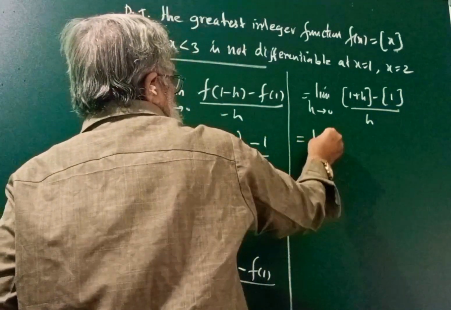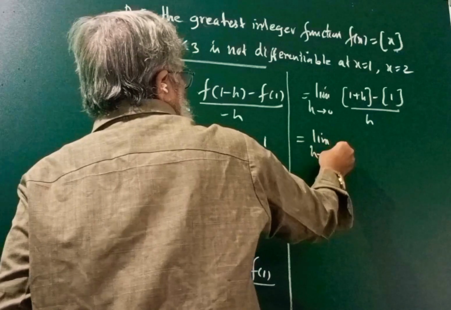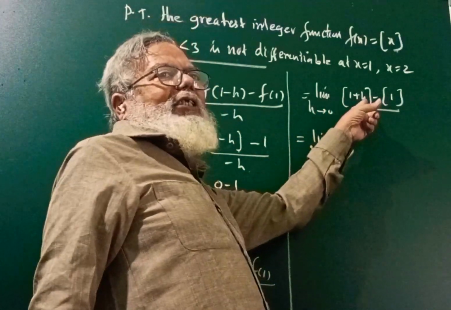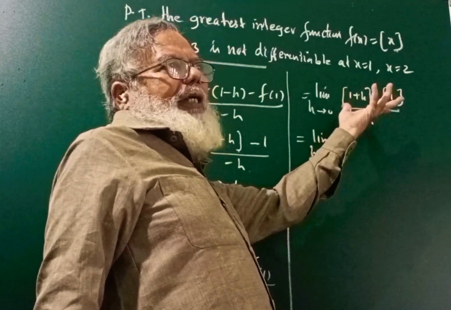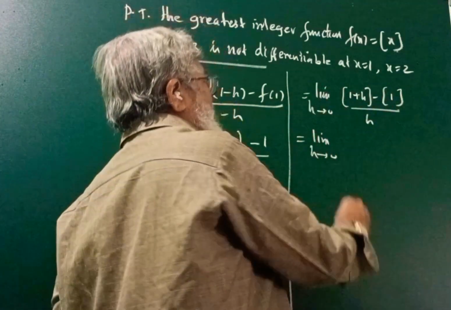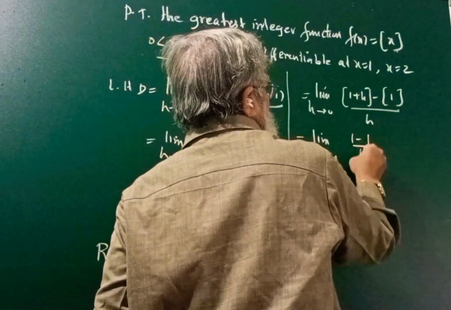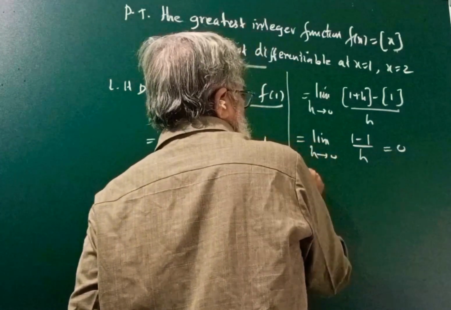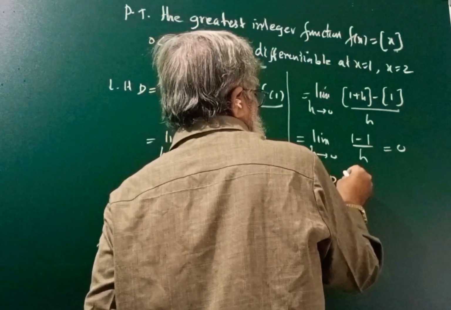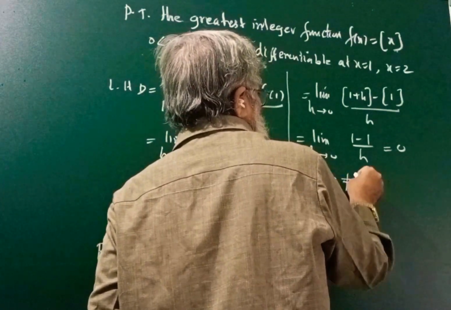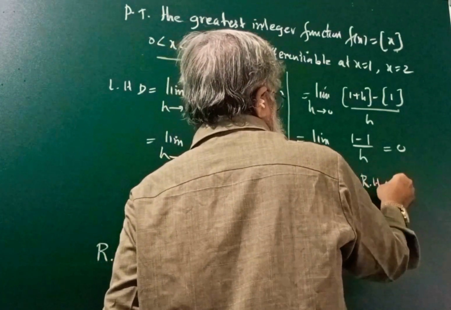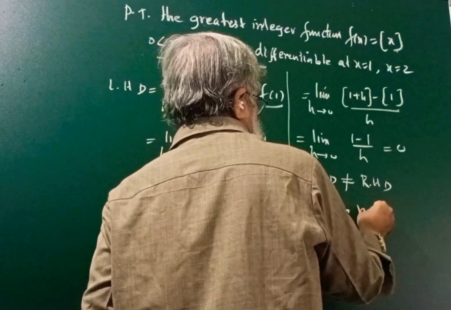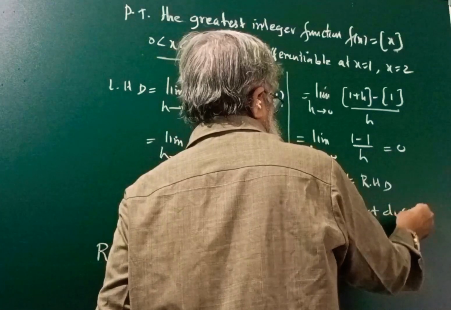Now you see here, what can be the value of greatest integer of 1 plus h? We are adding a small quantity, 1.1, 1.2 like that. So it will be 1 only. 1 minus 1 by h, again it is 0. That is equal to 0. Therefore, left hand derivative is not equal to right hand derivative. Therefore, it is not differentiable at x is equal to 1.